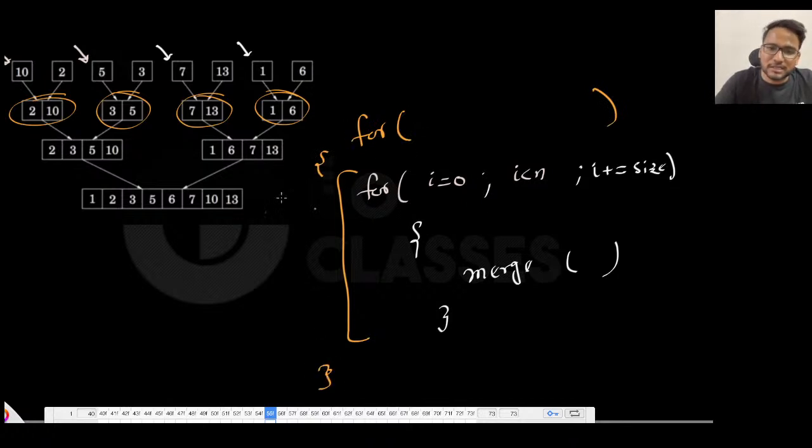The time complexity you can analyze, it is just n log n in this case also, but implementation wise it looks like this. So there will be a for loop which will be doing a pairwise merge, but I need to do it again and again. That's why this will again be put in a for loop. This time the size by which you are incrementing will get incremented.